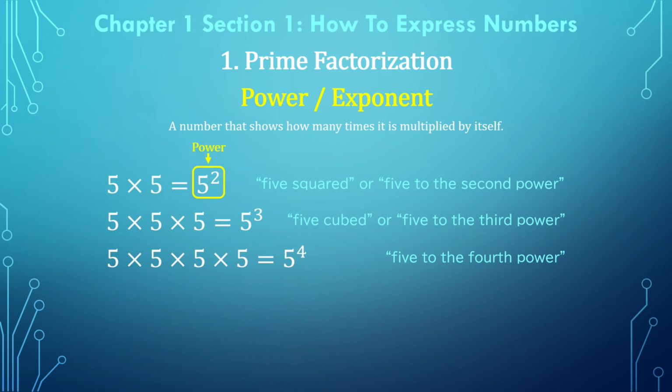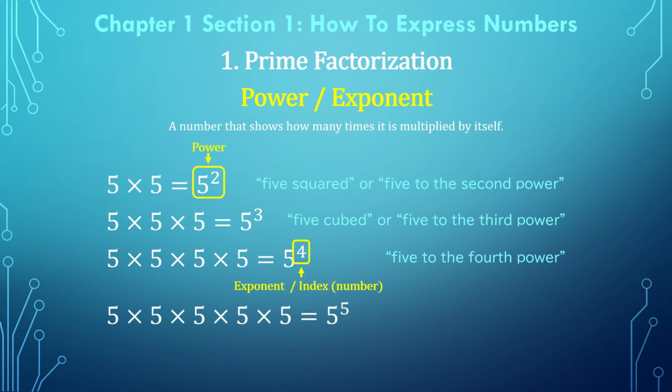This whole thing is called power. And the small number that shows how many times we multiply the same number is the exponent, or index number. In this power, the larger 5 is called the base. The exponent tells how many times the base is multiplied by itself.